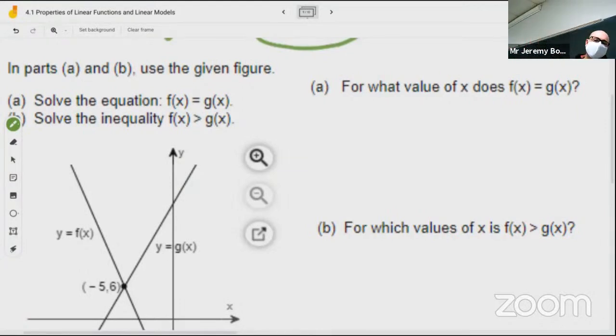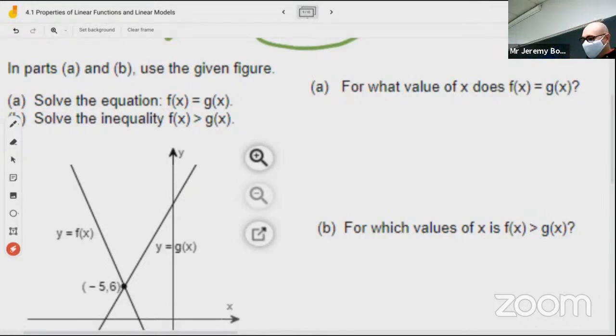All right. So what they give us here is the graph of two linear functions. We have f of x and g of x. You can see that this line right here is f of x, and this is g of x here. And what they want to know for part A is, what value of x does f of x equal g of x? That's asking where do they intersect each other?